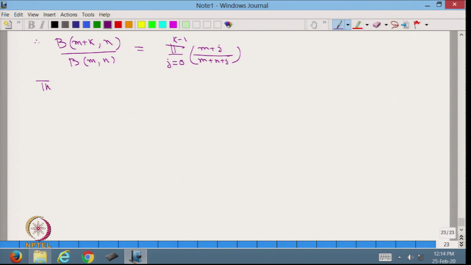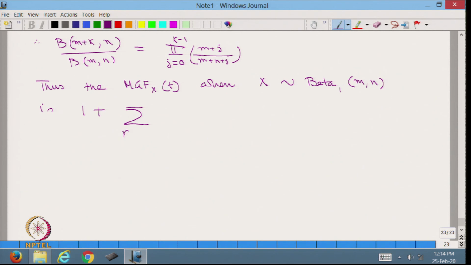Thus, the moment generating function of x at t, when x is distributed as Beta 1 with parameters m, n, is 1 plus Σ_{k=1}^{∞} t^k/k! times the product over j from 0 to k-1 of (m+j)/(m+n+j).